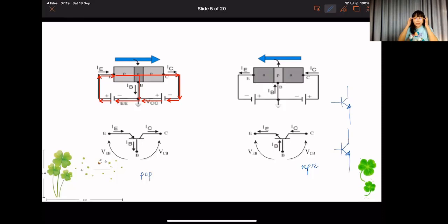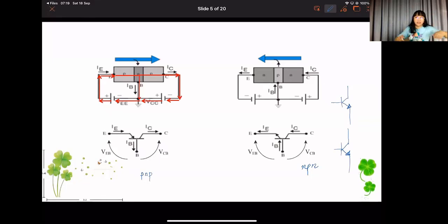Here you should memorize that the majority carrier is the electron, and the electron is very active, moving. That's why you should remember. And we have three positions of the transistor, three configurations.